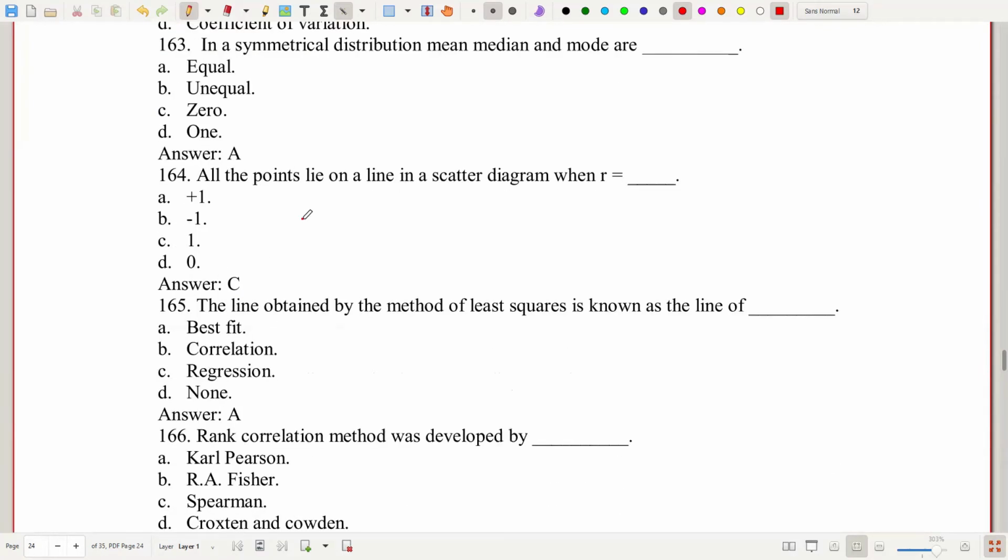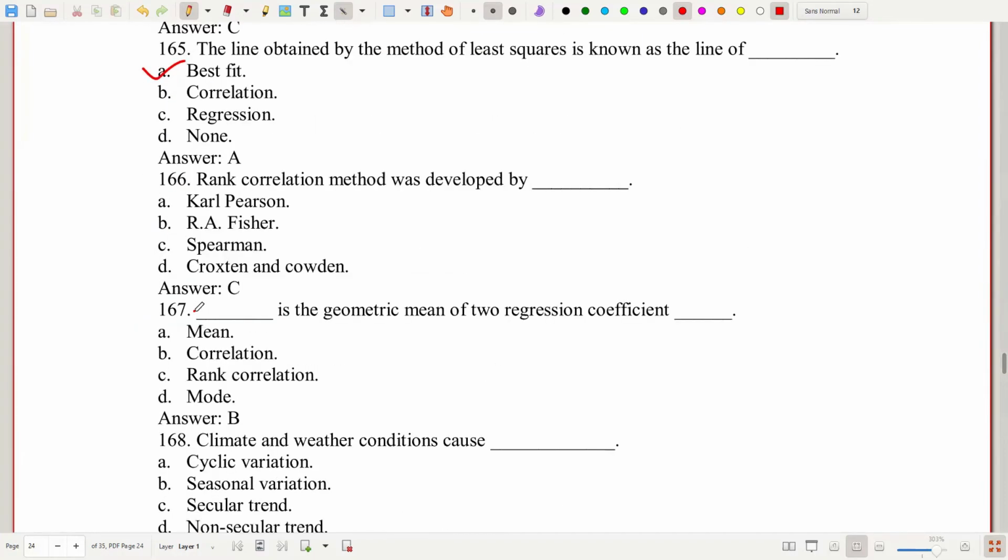In a symmetrical distribution, mean, median, and mode are equal. All the points lie on a line in a scatter diagram when R is equal to 1. The line obtained by the method of least squares is known as the line of best fit. Rank correlation method was developed by Spearman.